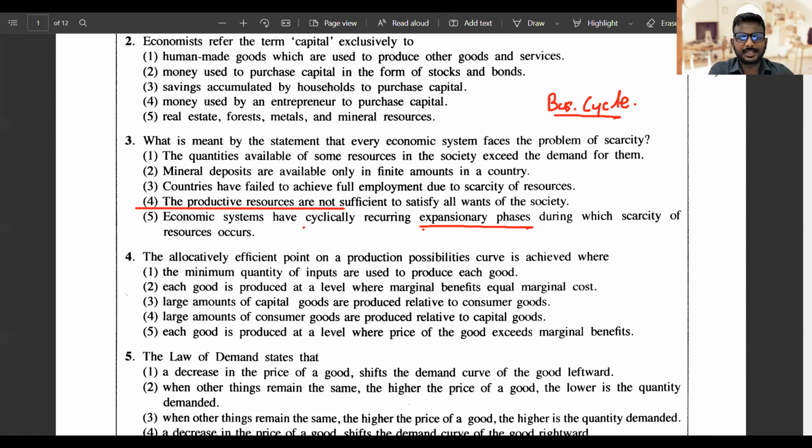So business cycle is the cyclical presentation of the changes in real GDP over time. That is business cycle. In business cycle, we have 4 stages.